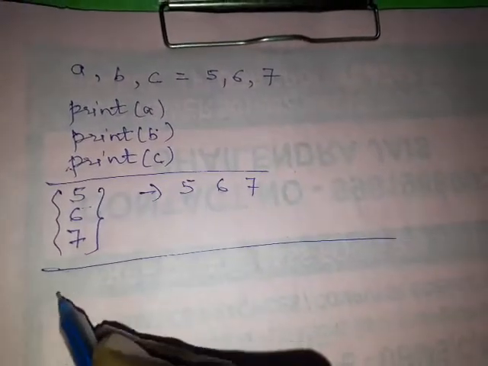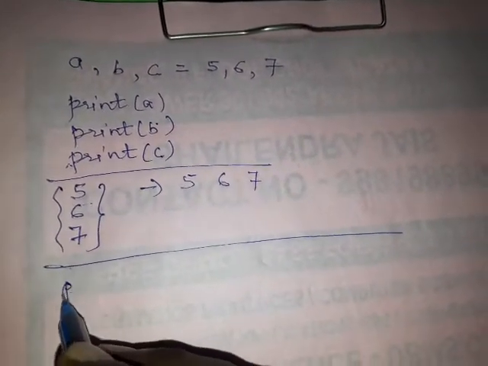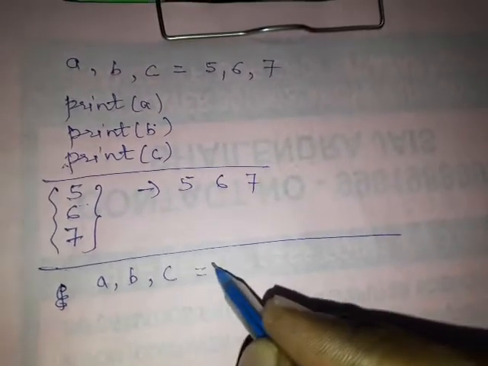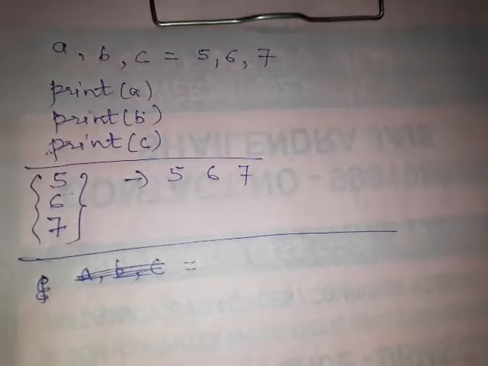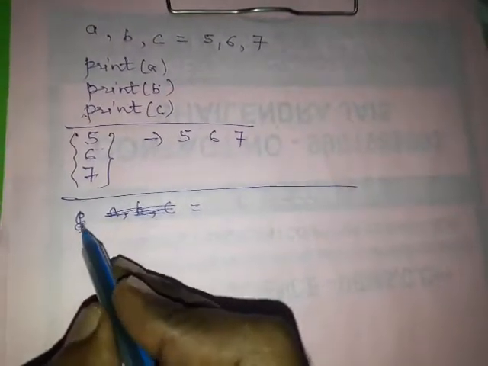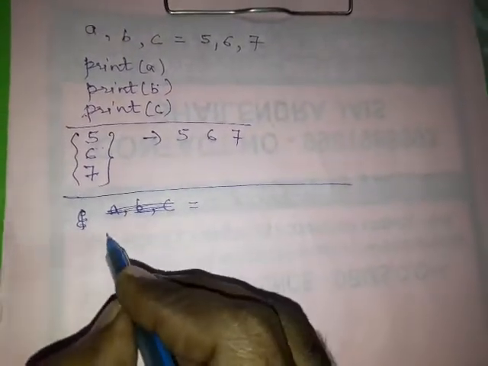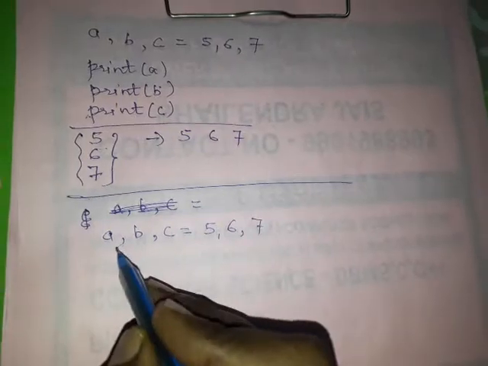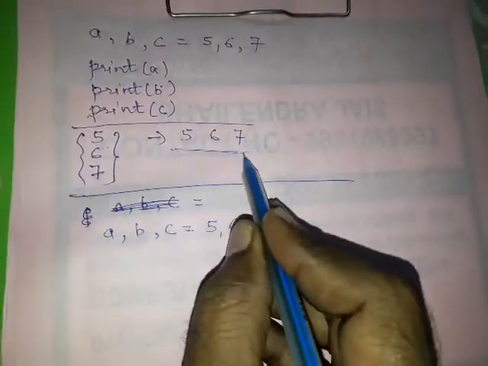To write them in a single line, you simply write print first line is a comma b comma c equals to, don't write this, I will give you a simpler example. Take the same example. Suppose we write a comma b comma c equals to 5 comma 6 comma 7. This is a new program, and I would like to display this type of output in these three ways.